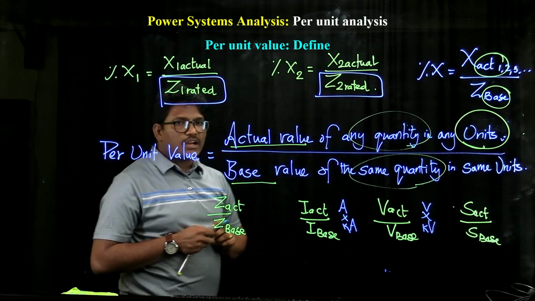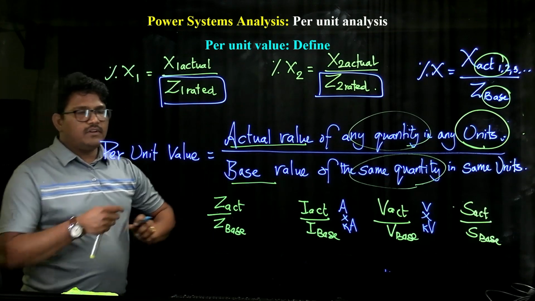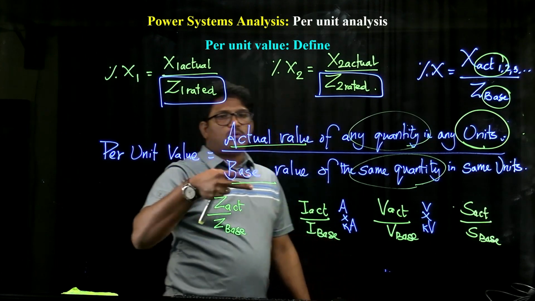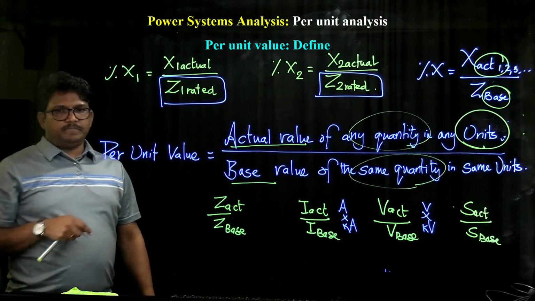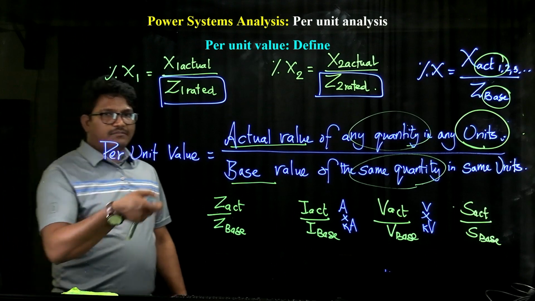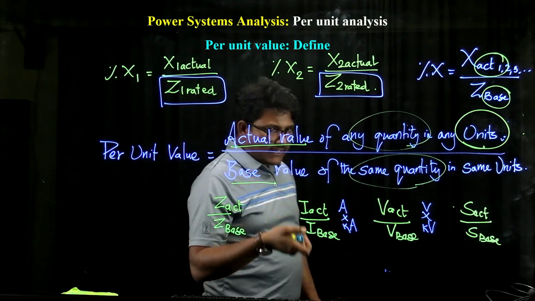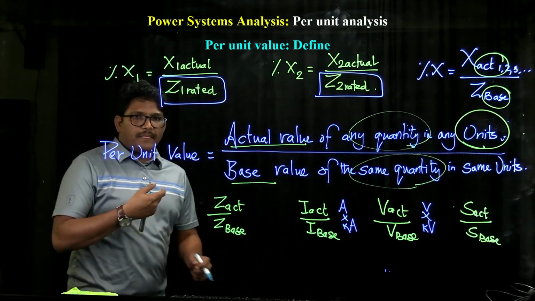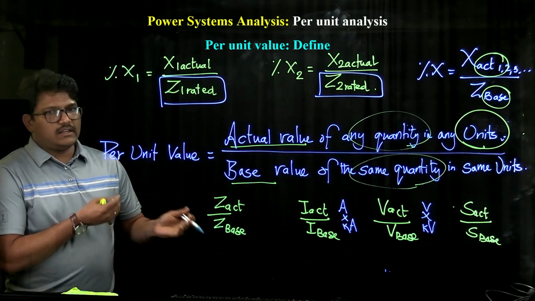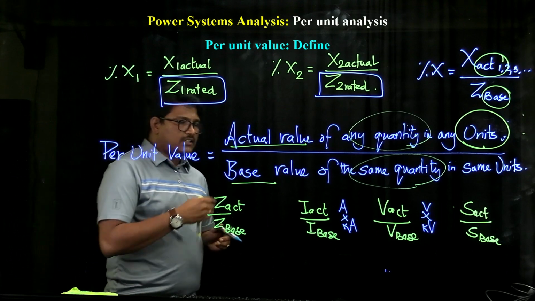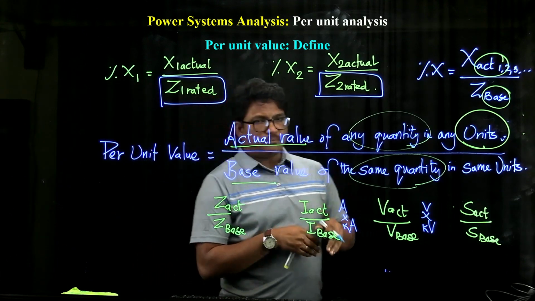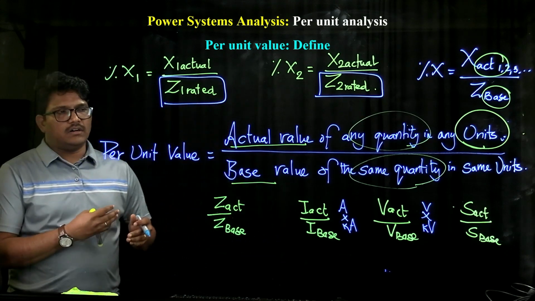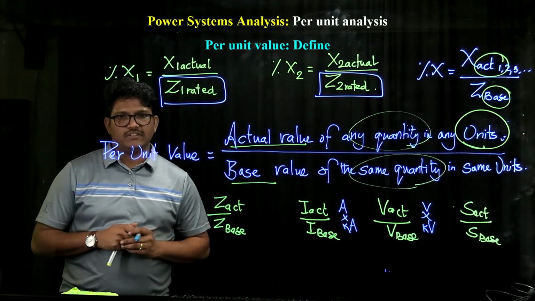So you need to make sure that the units of the actual quantity and units of the base quantity are same. Though the units for the impedance, current, voltage, and power are predefined, that suffix, that adjective that we have, the additional kilowatts, kiloamps, kilovolts, is where we wrongly represent the units of the same quantities.